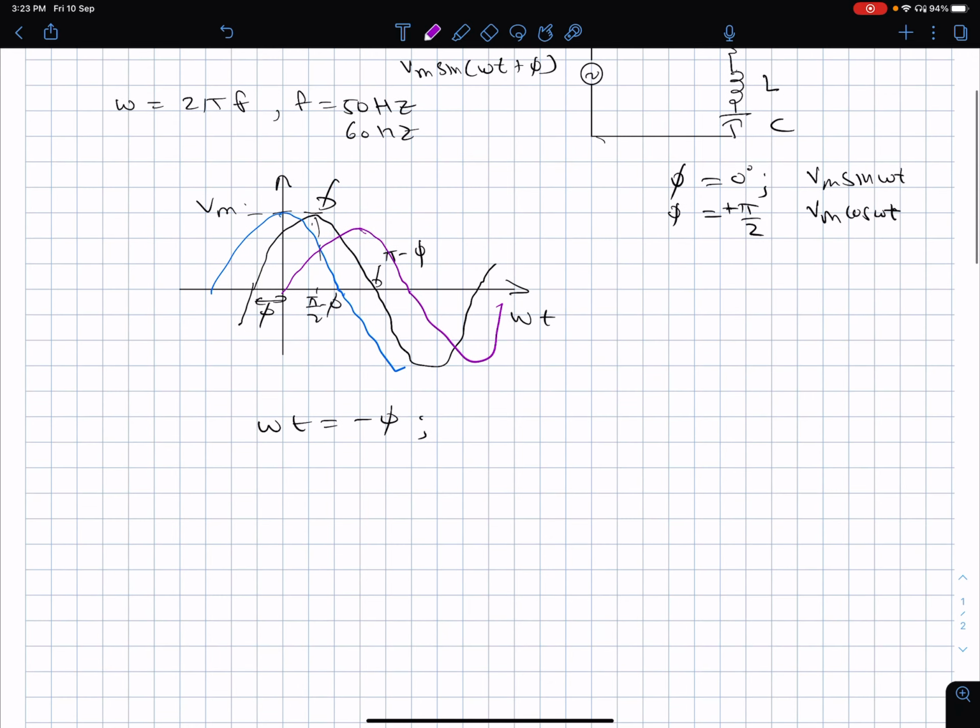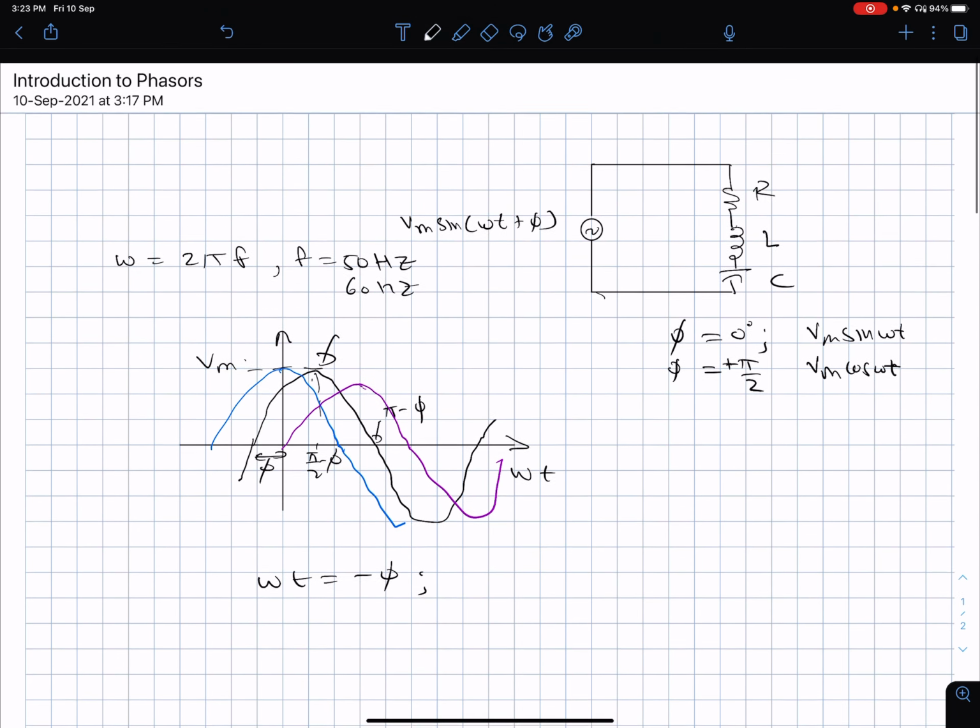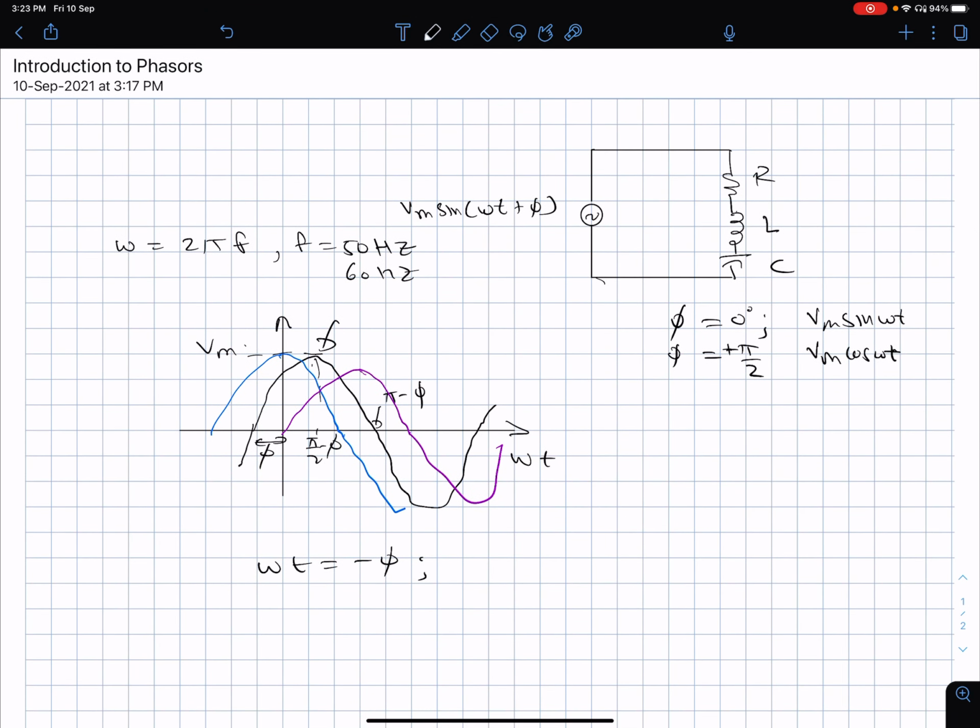Okay. Now, in AC circuits, we will have sinusoidal voltage or current source, typically voltage source. Any dissipative element is shown by the resistance, anything related to stored magnetic field energy is shown by inductance, and anything related to storage of charge is shown by a capacitor.